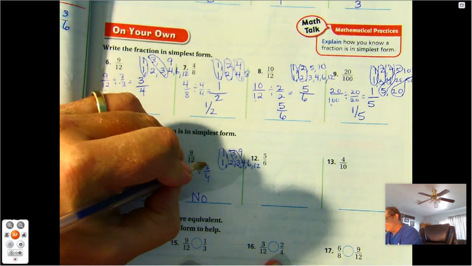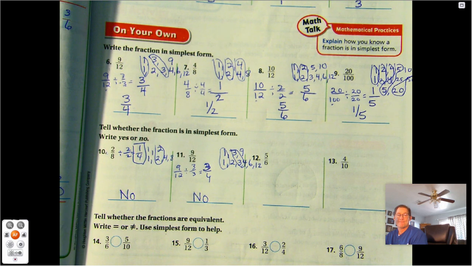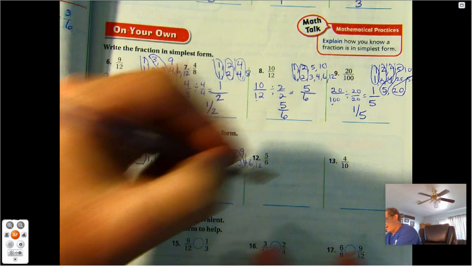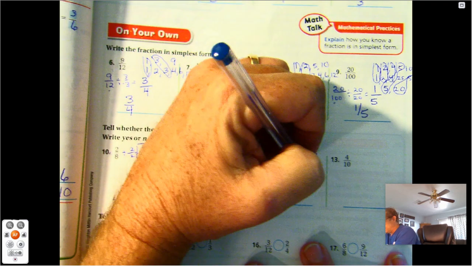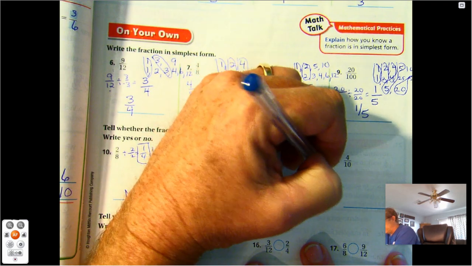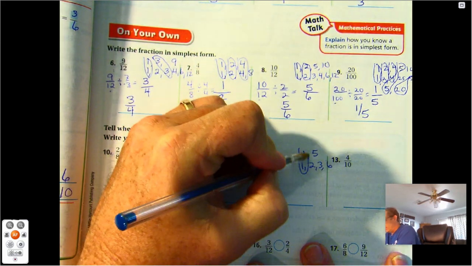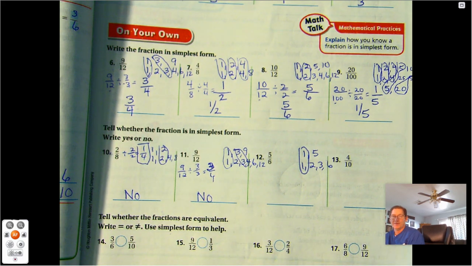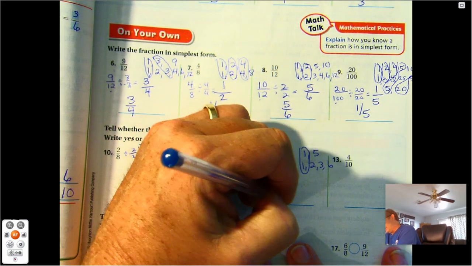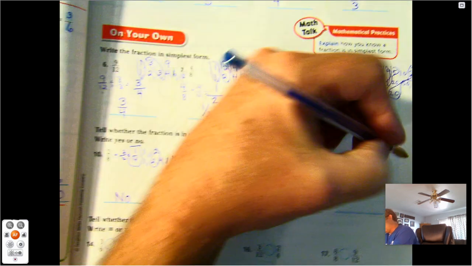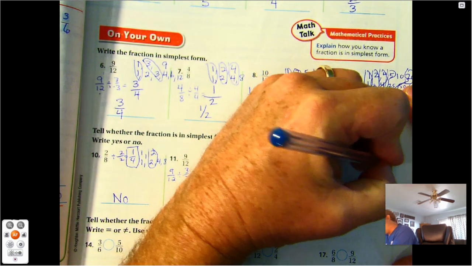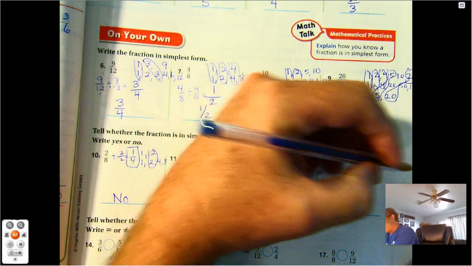Okay. 5/6. The only factors of 5 are 1 and 5. The factors of 6 are 1, 2, 3, and 6. The only thing in common to both of them is 1. This is in simplest form. 4/10. The factors of 4 are 1, 2, 4. Factors of 10 are 1, 2, 5, 10.